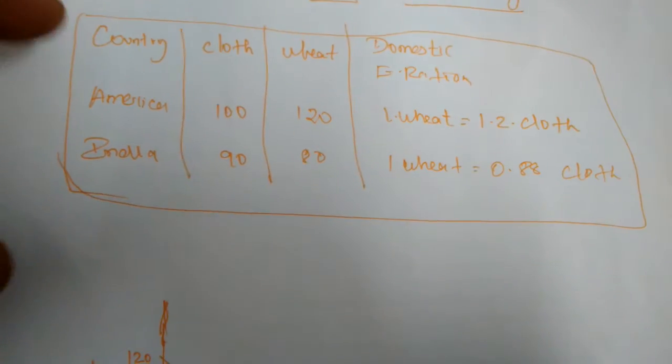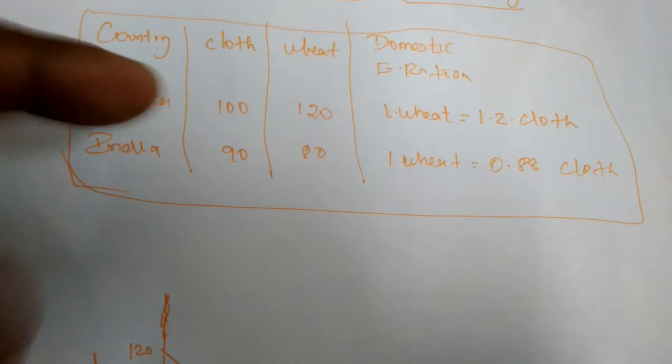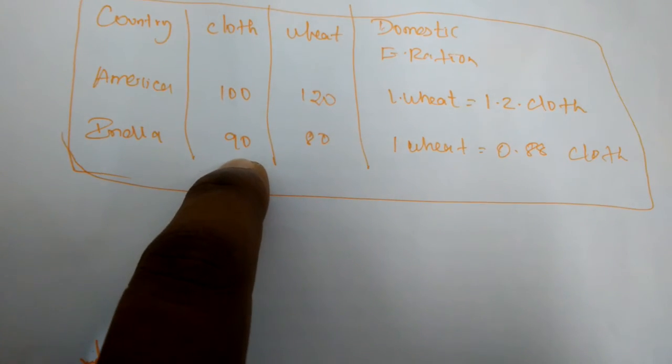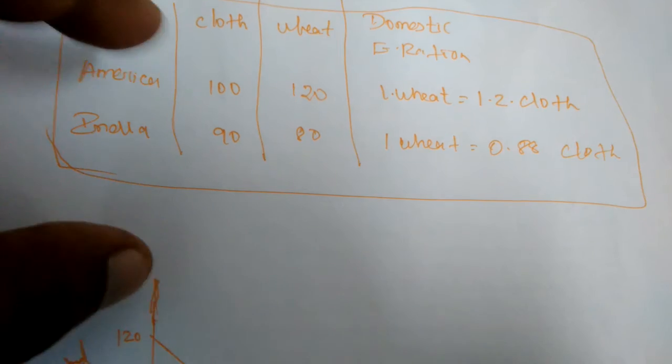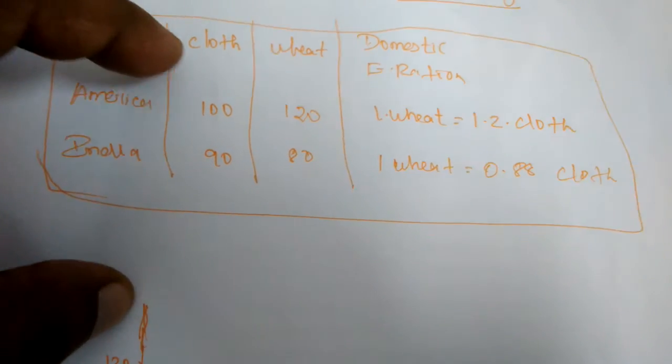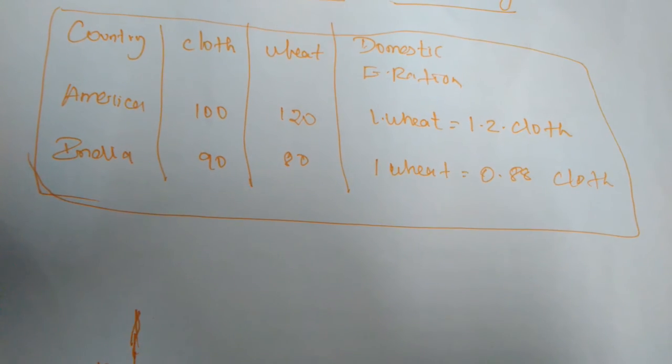So we have to arrange more labor to produce the cloth in India. America also has to arrange more labor to produce 1 unit of wheat.